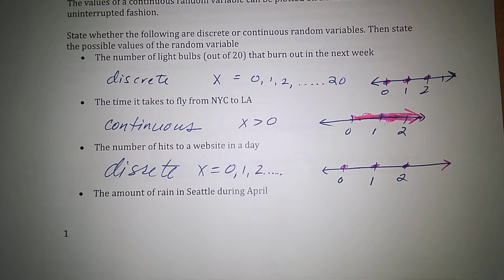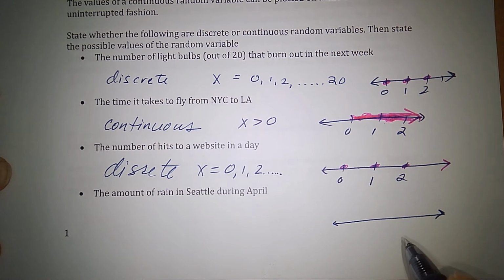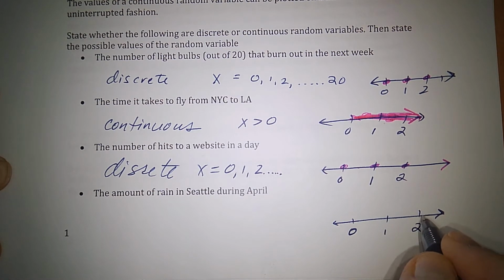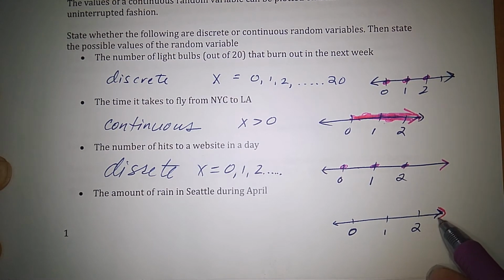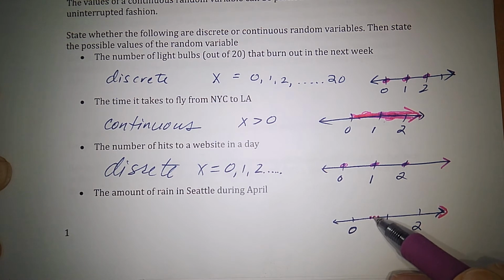How about the amount of rainfall in Seattle during the month of April? Again, looking at a number line, we could have 0 inches of rainfall, we could have 1 inch of rainfall, 2 inches of rainfall, and so on up to infinity. But can you have half an inch of rainfall, 3/4 inch of rainfall, 2/3 inches of rainfall?